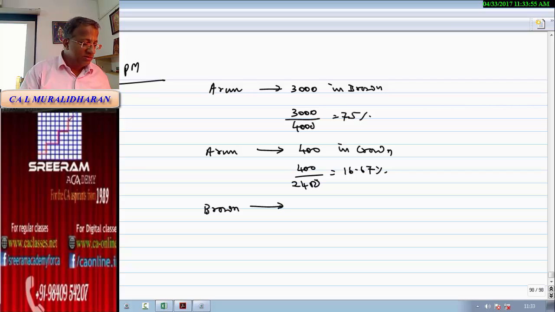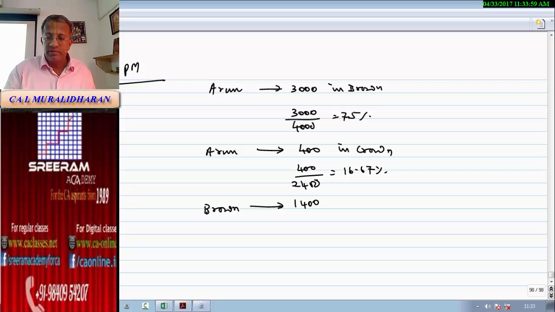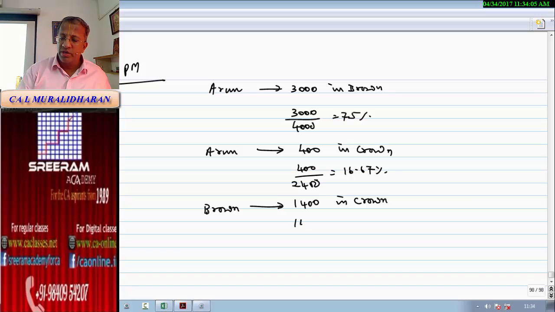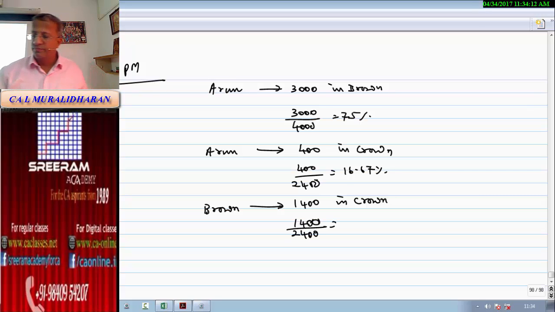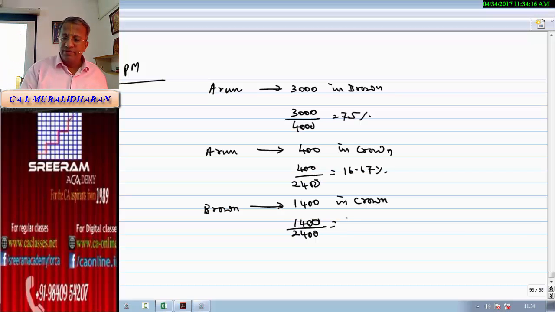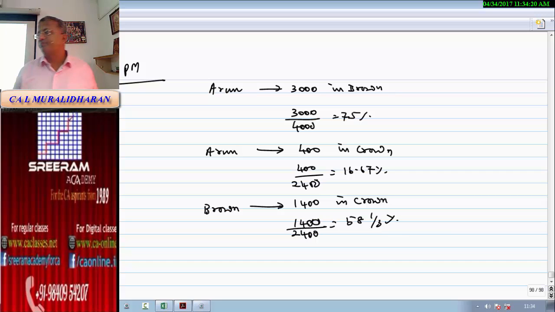Brown holds 1400 shares in Crown. How much will this quantity of shares work out to in terms of percentage? 1400 by 2400, which comes to 58 and 1/3%.